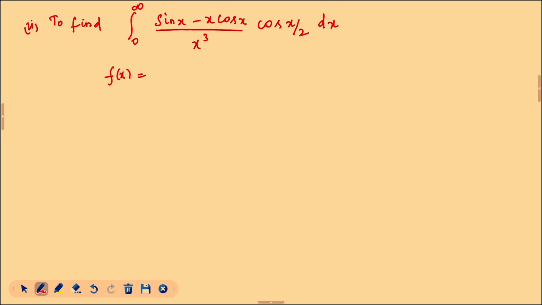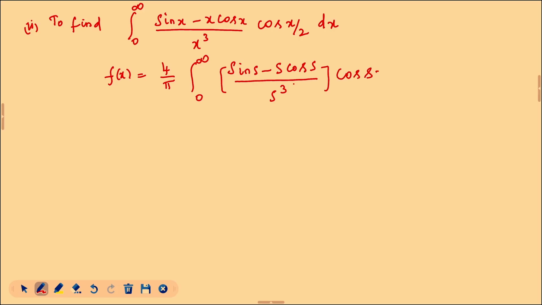equal to 4 by pi integral 0 to infinity (sin s minus s cos s) divided by s cube into cos sx ds.